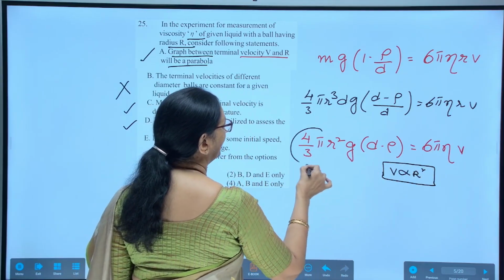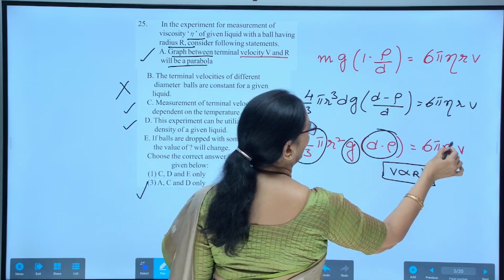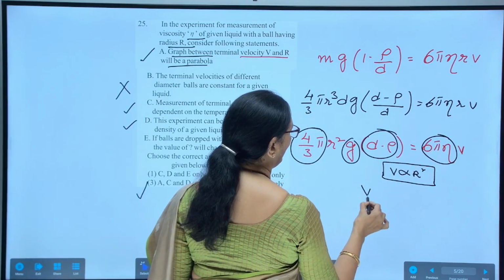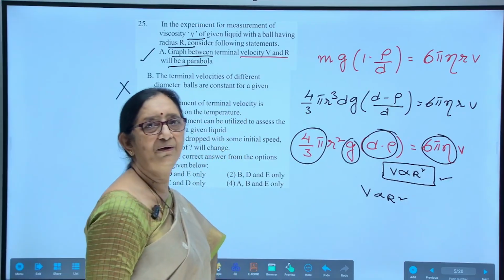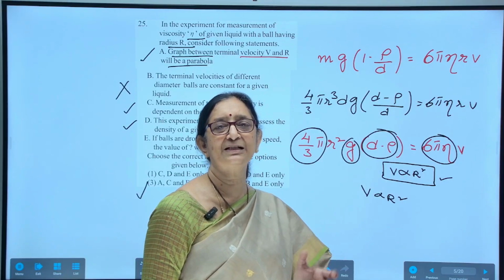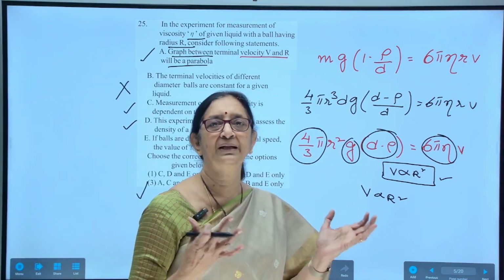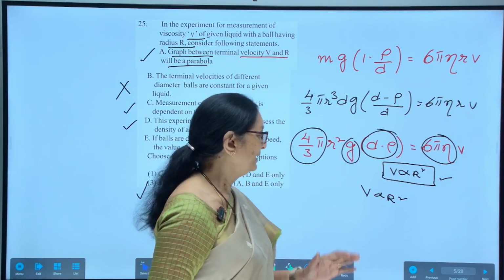Here, if you leave out the constant factors, terminal velocity is proportional to r square. So very obviously, if y is proportional to x square, the graph drawn between x and y is a parabola. We know it pretty well.